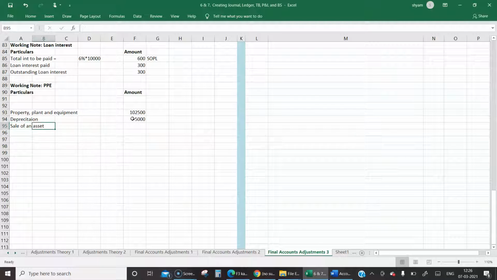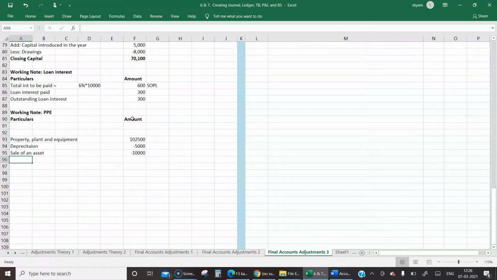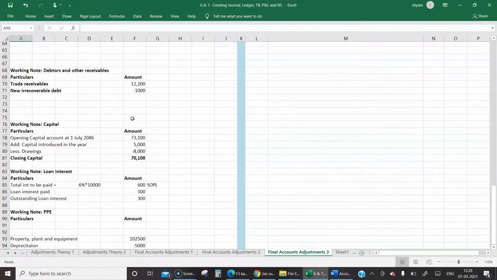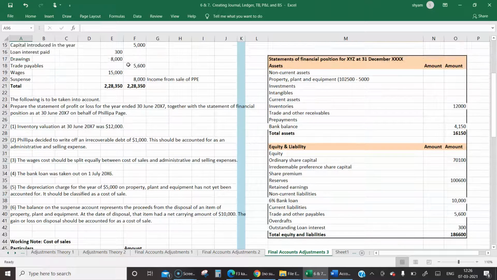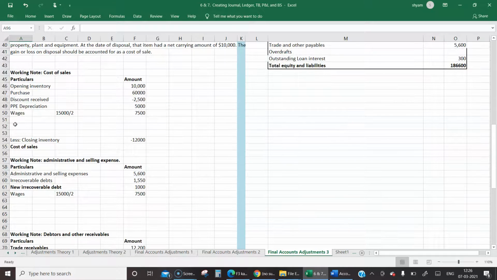The asset's worth is 10,000, and we have sold it for 8,000. So the balance of 2,000 would be recorded as a profit, sorry, it's a loss.